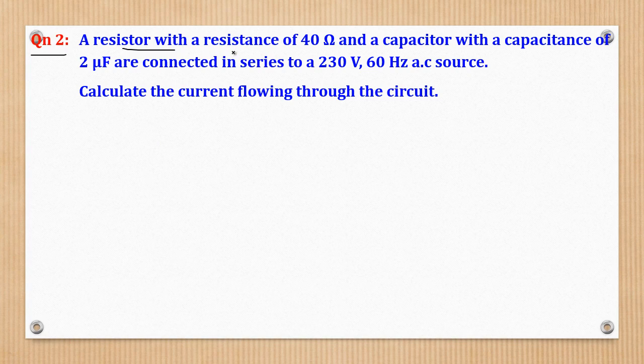Question 2. A resistor of resistance 40 ohms and a capacitor with a capacitance of 2 microfarad are connected in series with a 230 volt 60 Hz AC source. Calculate the current flowing through the circuit.